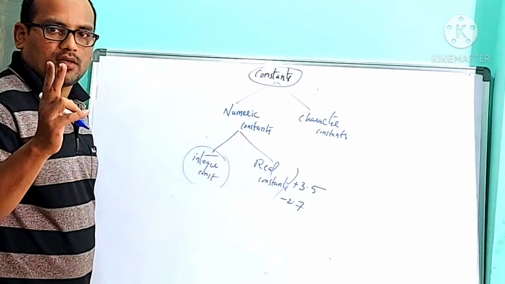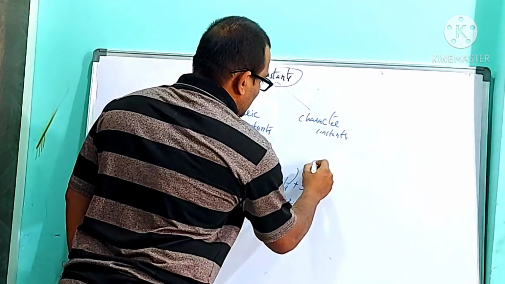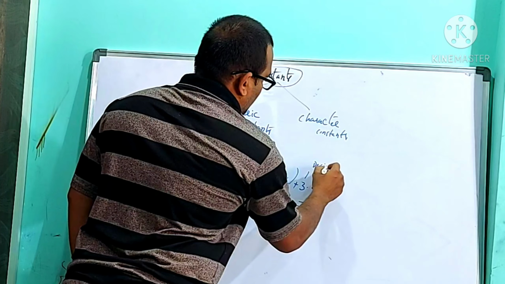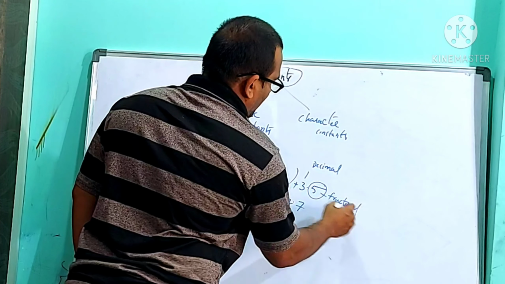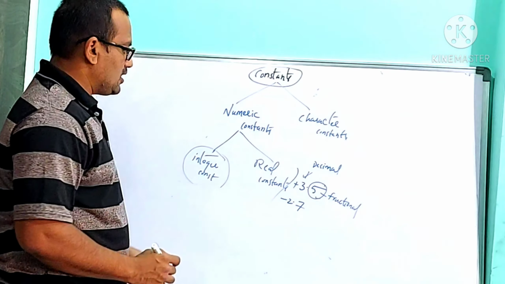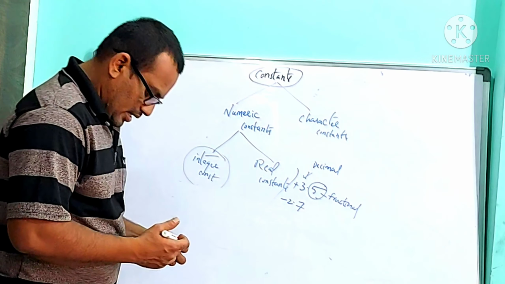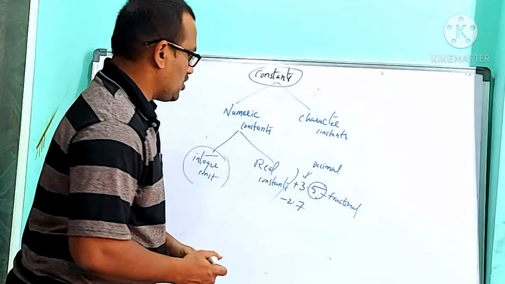Real values have two parts: one is the decimal part, second one is the fractional part. The part which exists before the dot is called the decimal part. The part after the dot is called the fractional part.